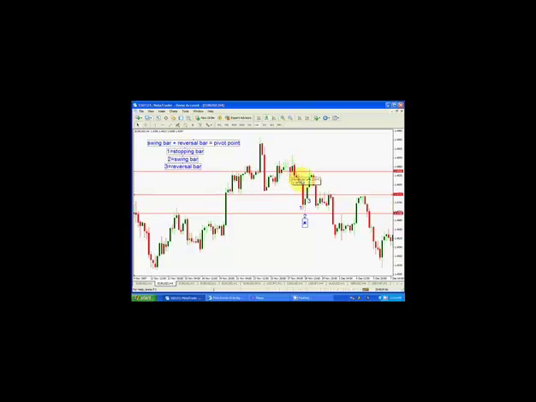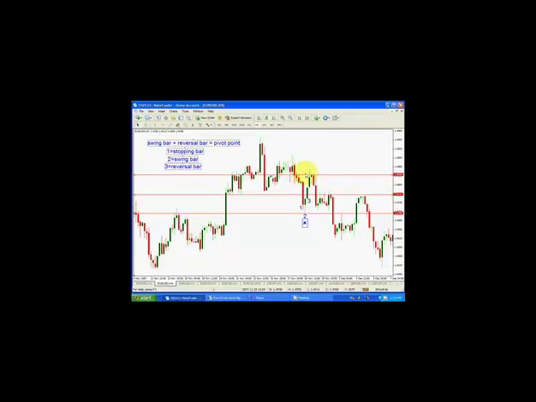So if we are going to set a reasonable or logical profit target, then if we enter long on this bullish pivot reversal, we want to place our first level of profit taking right here at the open, or it will be a range, either the open or the low of this bar, which contains the sellers.